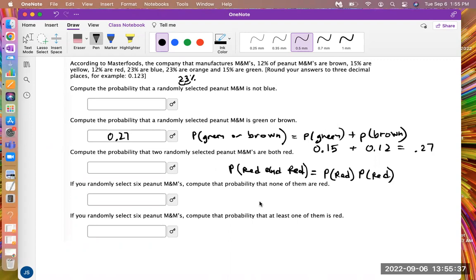But the probability of picking 6 and none of them being red. So first we have to find the probability of just one of them not being red.